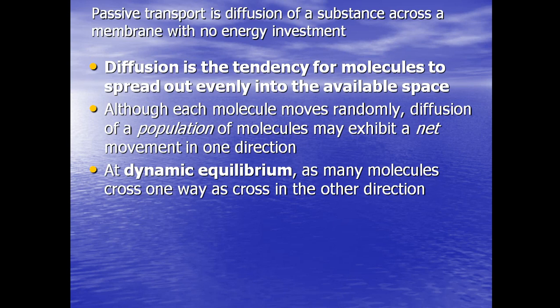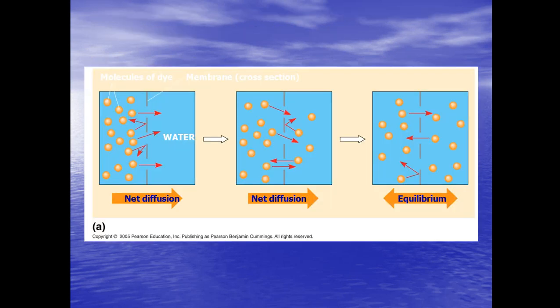So this is the process where energy is not required. See, here the concentration is more. So from the region of higher concentration, this has moved to the other side. Net diffusion. How long? When the concentration of this region and this region becomes the same, this movement continues. This is what is called the diffusion process.